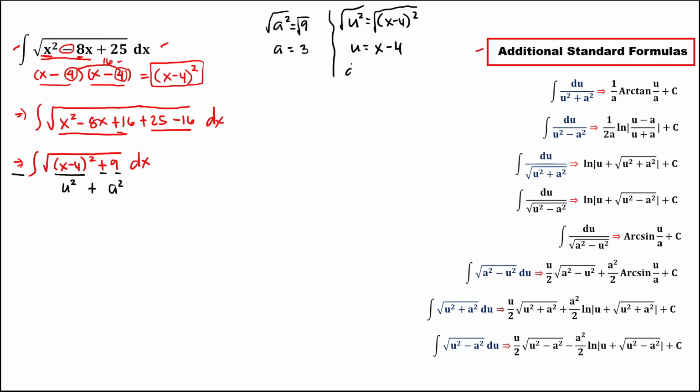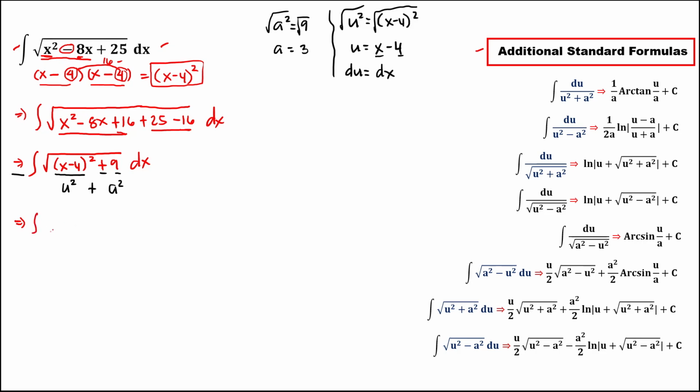Then we need to find the derivative of u. Since the derivative of x is dx, and the derivative of a constant is 0, du is equal to dx. Then from this given, substitute now the values for u and a.